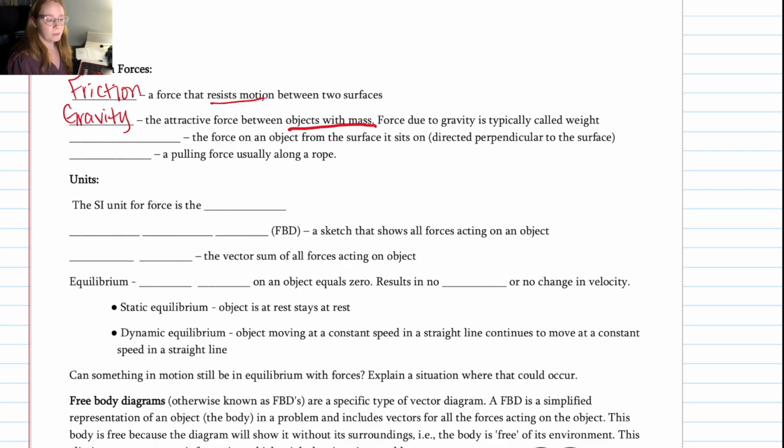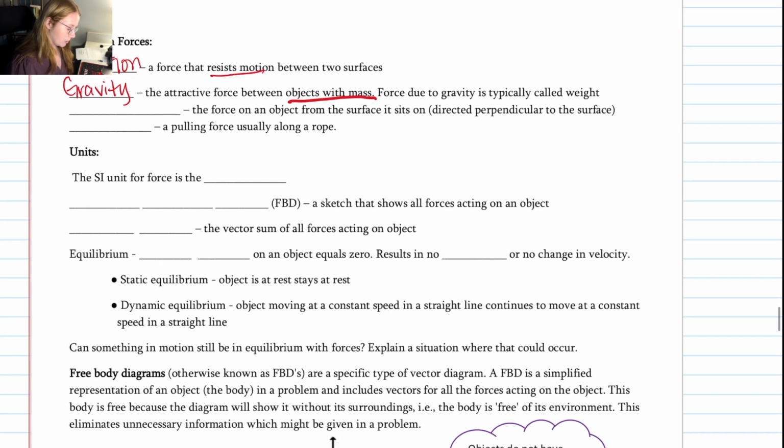And so me and the pen, we don't really have very large masses or a large distance between us, but if you think about me versus the Earth, that gravity is going to matter. So we have to be aware of that. Also, it's good to know that force of gravity is the same as weight. Weight and mass are different.